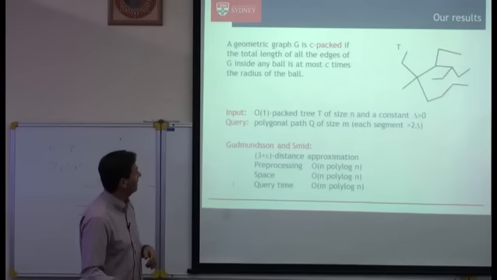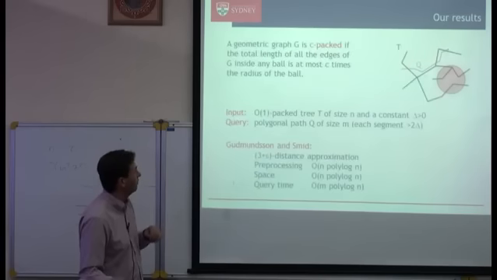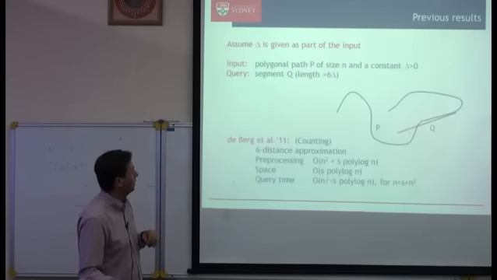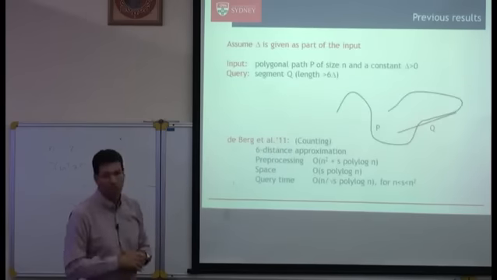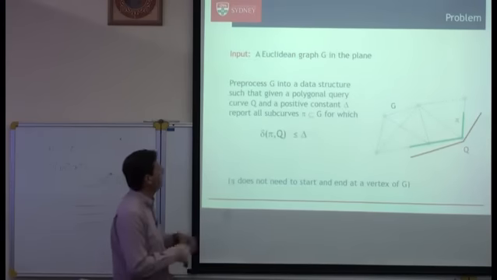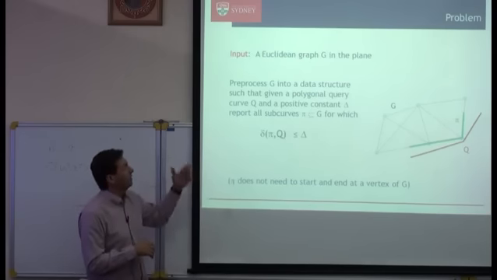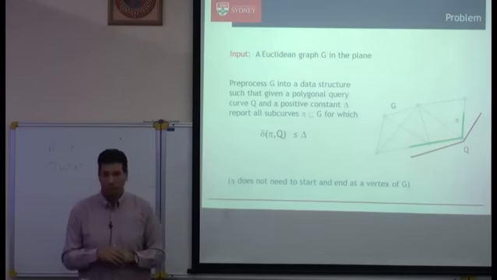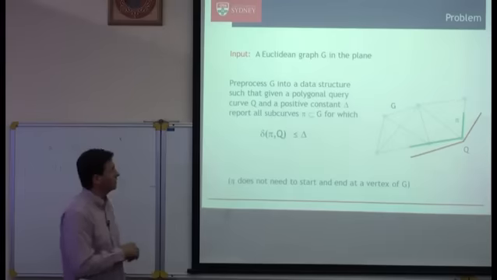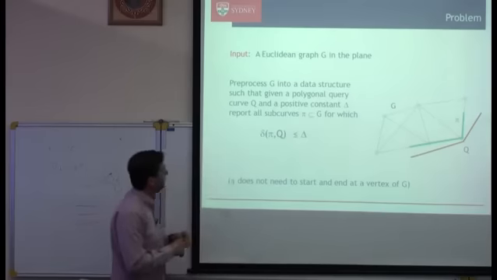I'll just finish off with a problem that I've been working on a bit in the last couple of years. In the most general statement, you are given a Euclidean graph G in the plane, so all the edges are straight line segments between the vertices.